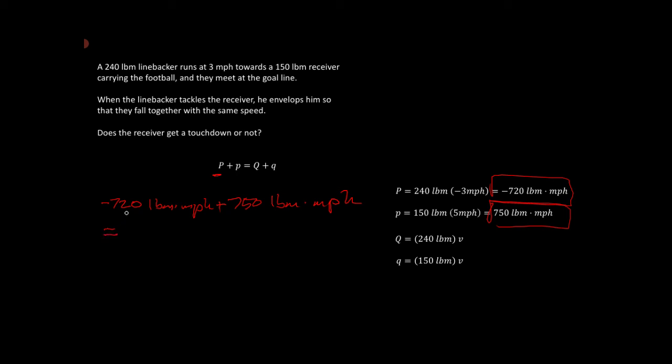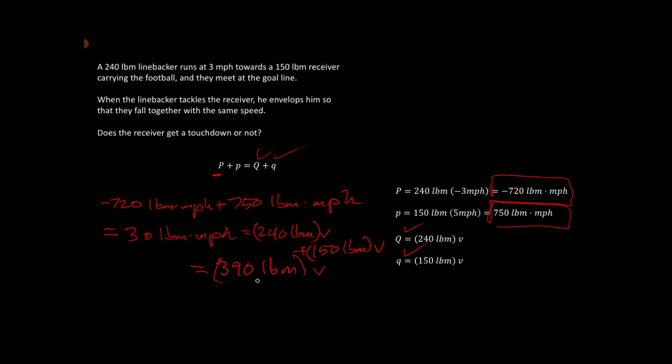That's equal to 30 lbm mph, which is also equal to this plus this: 240 pounds times V plus 150 pounds times V. Adding these two together is 390 pounds of mass times the velocity.